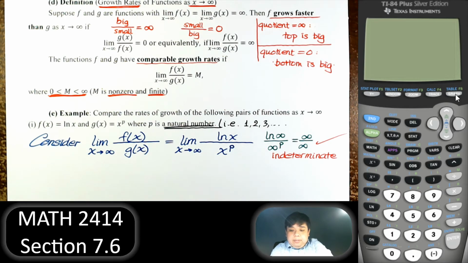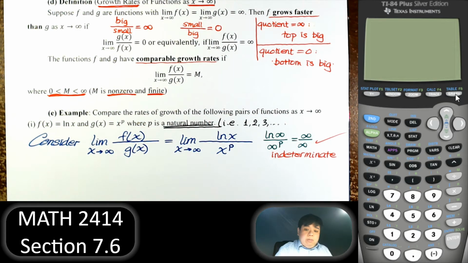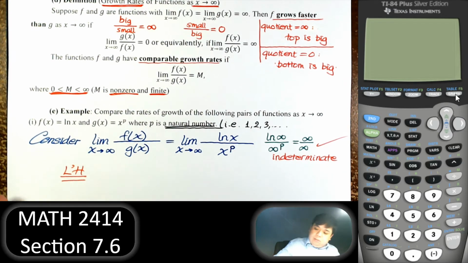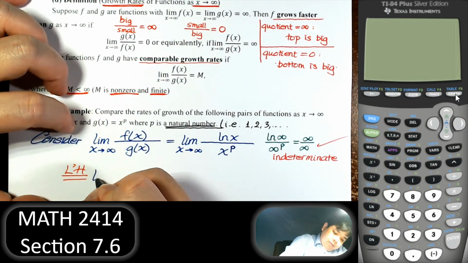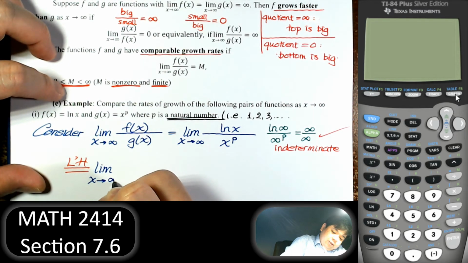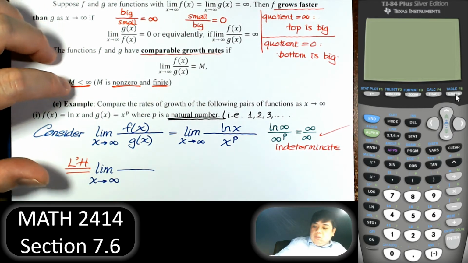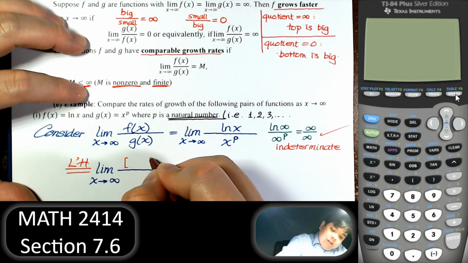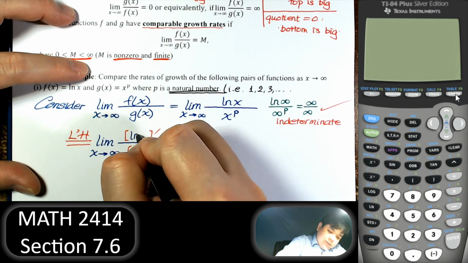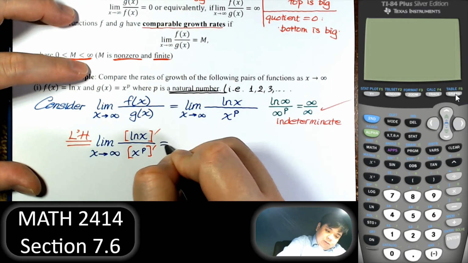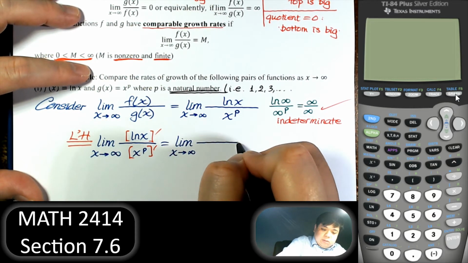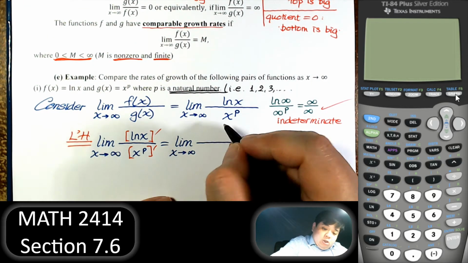Since it is an indeterminate form, we're going to use L'Hospital's rule. The rule says take the derivative of the top and then the derivative of the bottom. The derivative of ln of x is 1 over x.